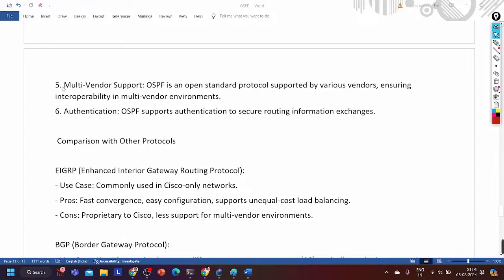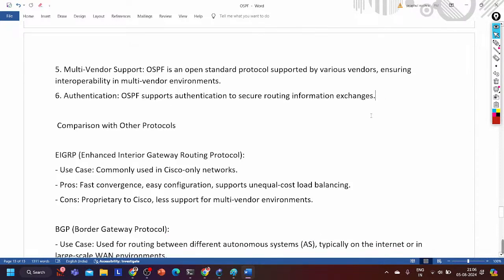Because of this multi-vendor support, OSPF is a widely used routing protocol. It is supported by various vendors, ensuring interoperability in a multi-vendor environment. Then authentication, as OSPF supports authentication to secure routing information exchange. So these are the benefits of using OSPF.